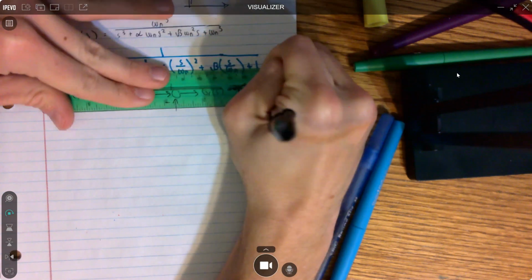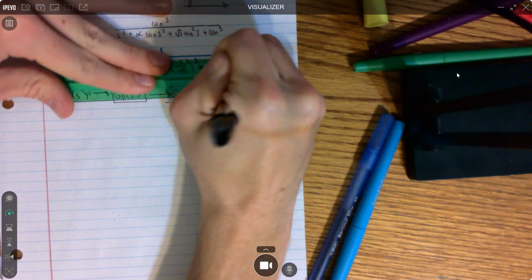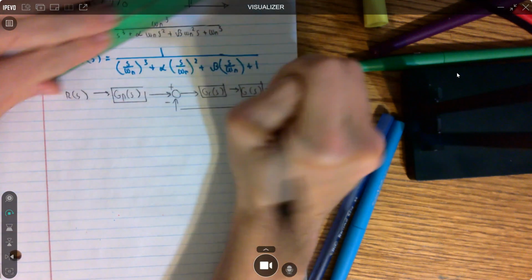The feedback goes backwards, and so we have our compensator and then our system, okay?